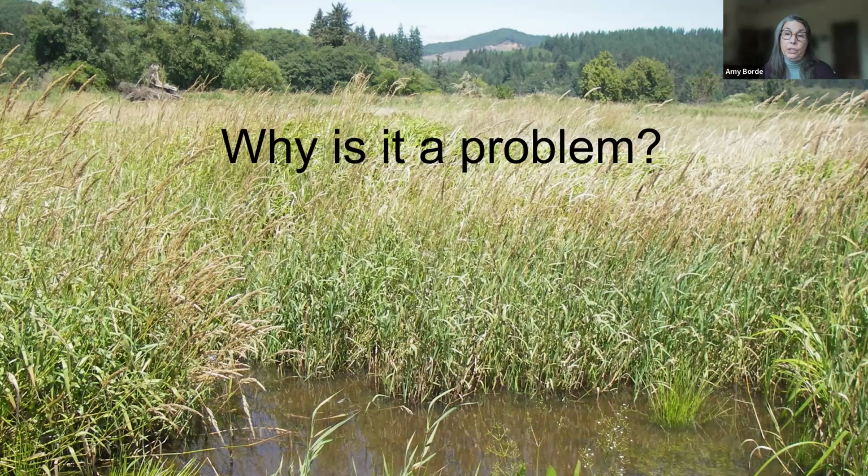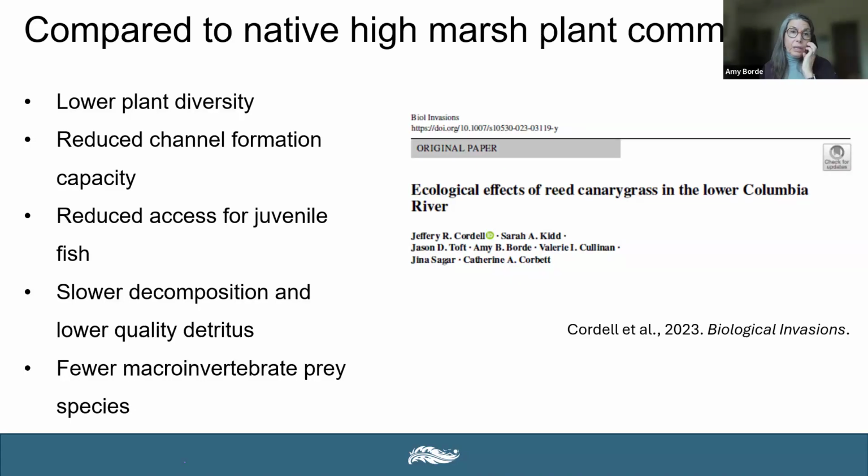And of particular concern are restored areas that are very susceptible to invasion because there's been a disturbance with the restoration and there's such a large seed source in the estuary, and it's a very strong competitor, so it very frequently invades restoration sites.